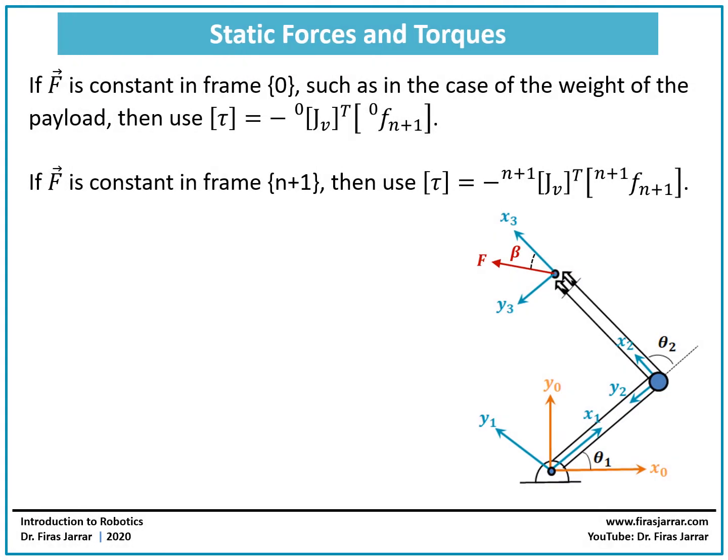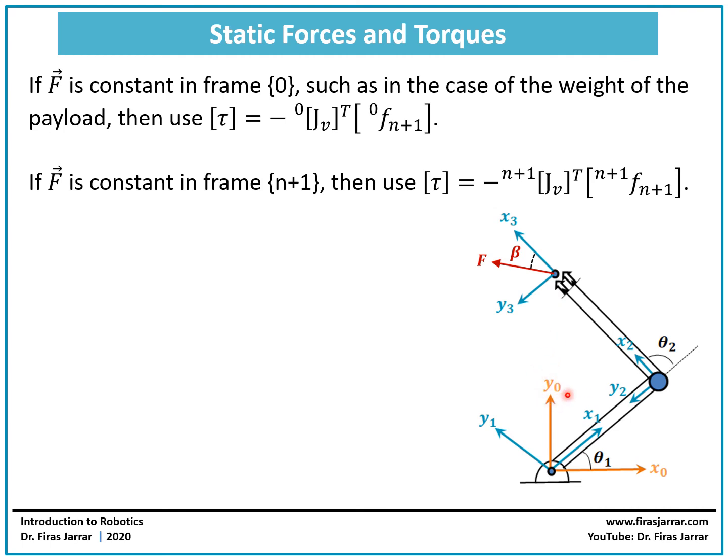Okay, so I will tell you something. If F is constant in frame 0, so if this force is constant in magnitude and direction in frame 0, for example if we're talking about the weight of the payload that the end effector is carrying, then the weight will always be constant in magnitude, and it will always be pointing toward the negative y0.